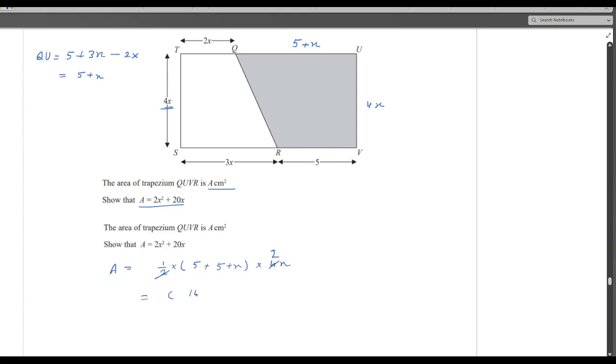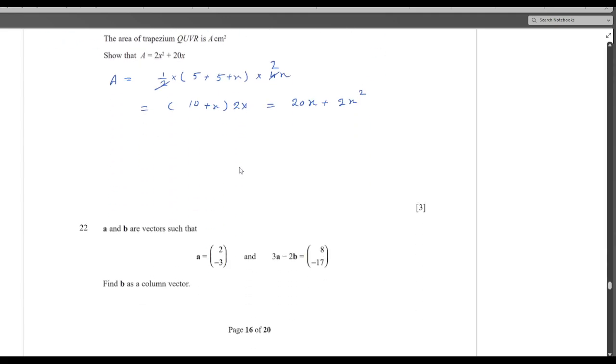So here in bracket I have 10 plus x, and outside bracket I have 2x. So this will give me 20x plus 2x square. So 2x square plus 20x is your area.